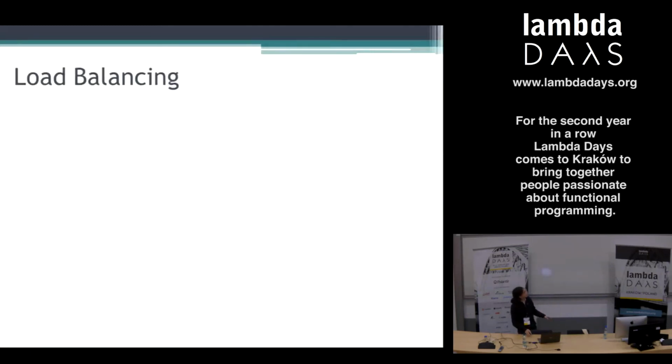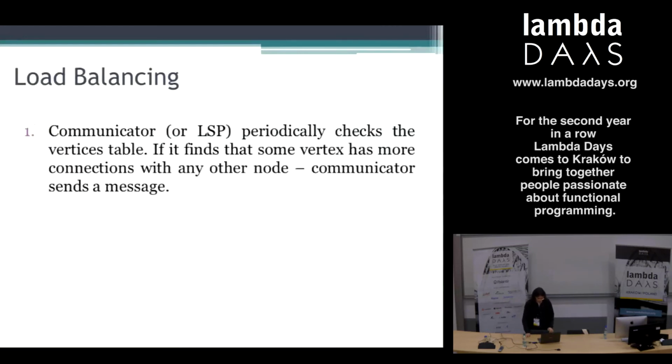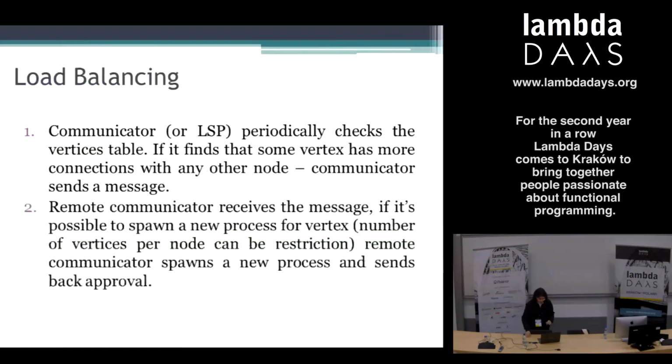About load balancing, there's a simple algorithm. Of course, it's just basic. First of all, we have a communicator or LSP which tracks how many remote connections we have for each of our vertices. That's why we have columns entitled like local, etc. If it finds that some vertex has more connections with any other node, the communicator sends a message to this node.